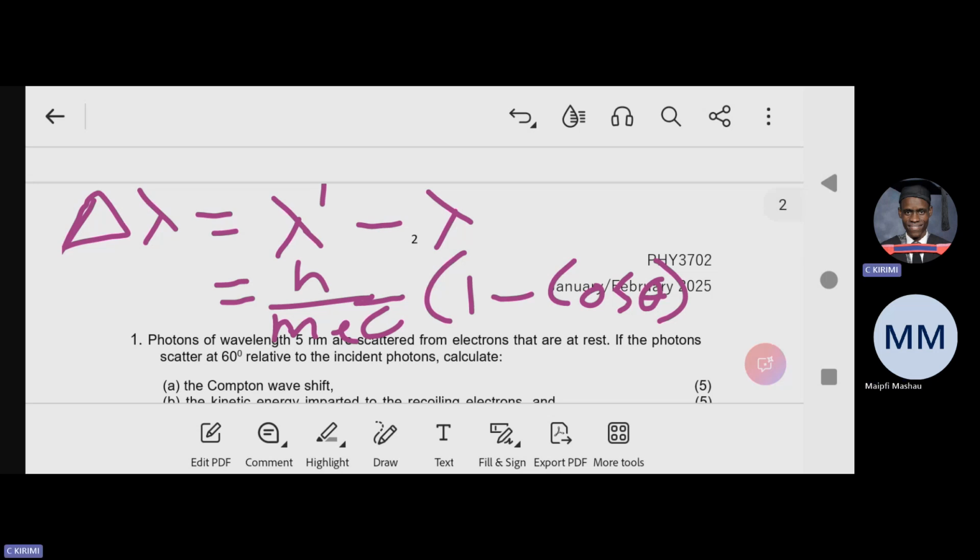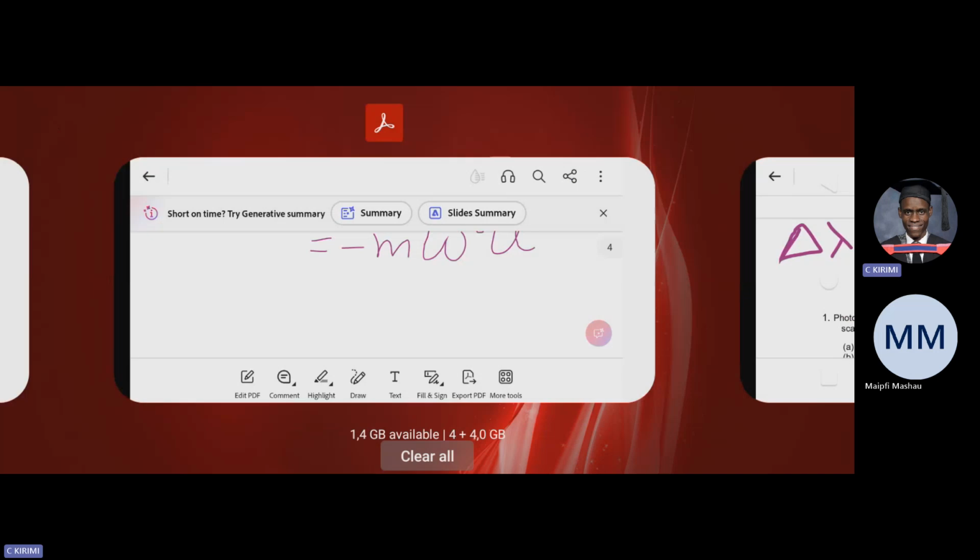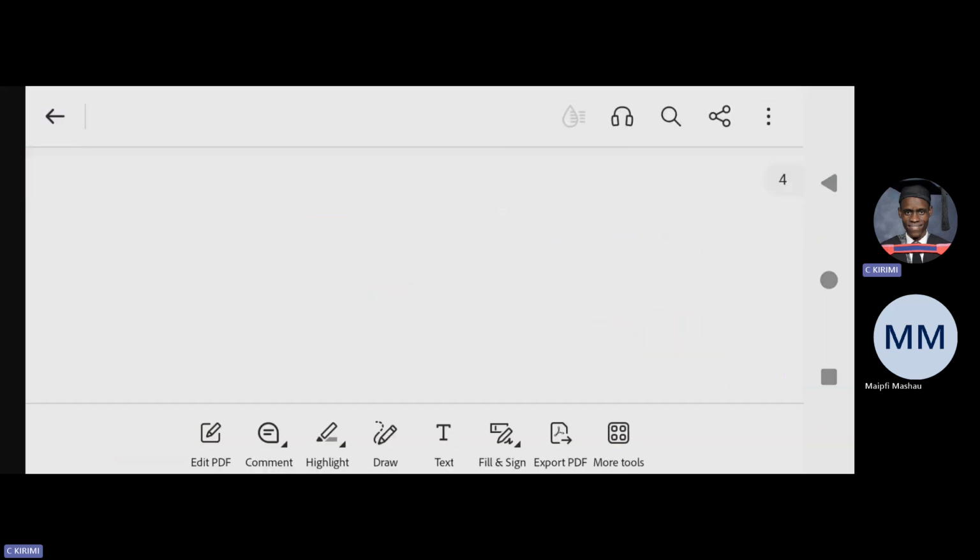And then the interpretation of the values. For example, lambda is the initial wavelength of the photon. Whenever we talk of lambda, we are referring to the initial wavelength of the photon.